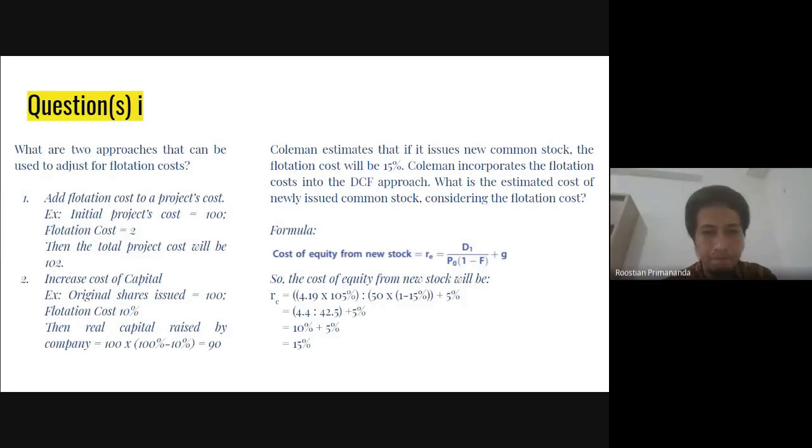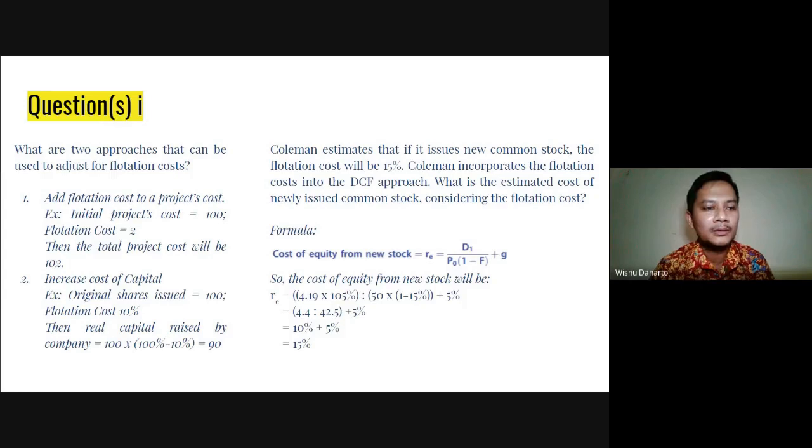Okay, for the next question, question I. The question is, what are two approaches that can be used to adjust for flotation cost? The first one, we can add flotation cost to the project cost. For example, when we have an initial project cost of 100 and flotation cost is 2, then the total project cost will be 102.